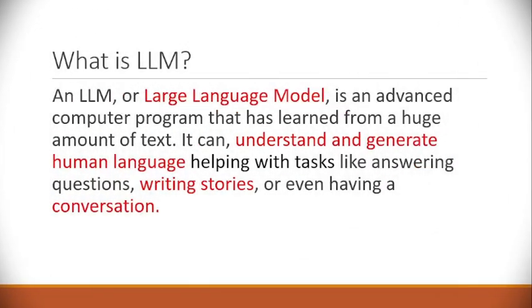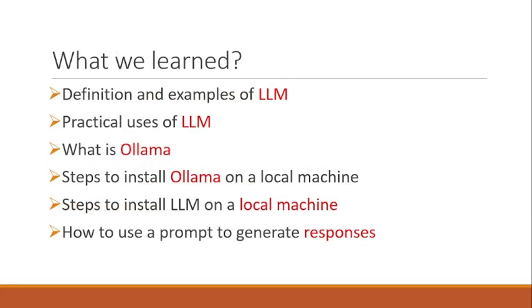So let us see what we have learned today. We have learned the definition and examples of LLM. What is an LLM? It is a pre-trained model. Practical uses are Alexa, that I told you just now, and Google Assistant. What is Ollama? Ollama is a free platform which provides all the LLM models for free for normal people.